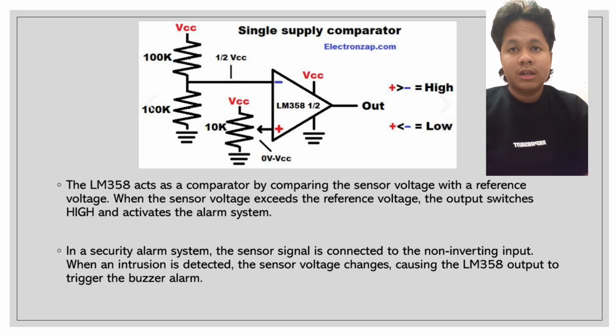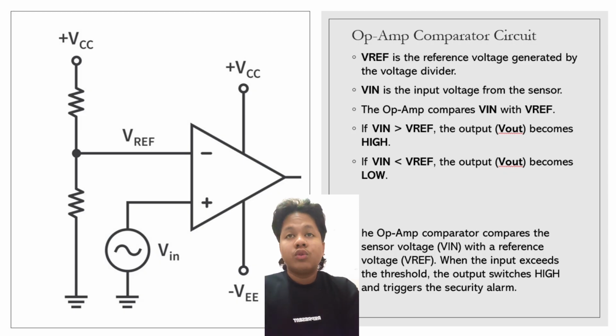This output signal is then used to activate the alarm system. The LM358 is widely used because it is affordable, reliable, consumes low power, and can operate effectively in many electronic applications.